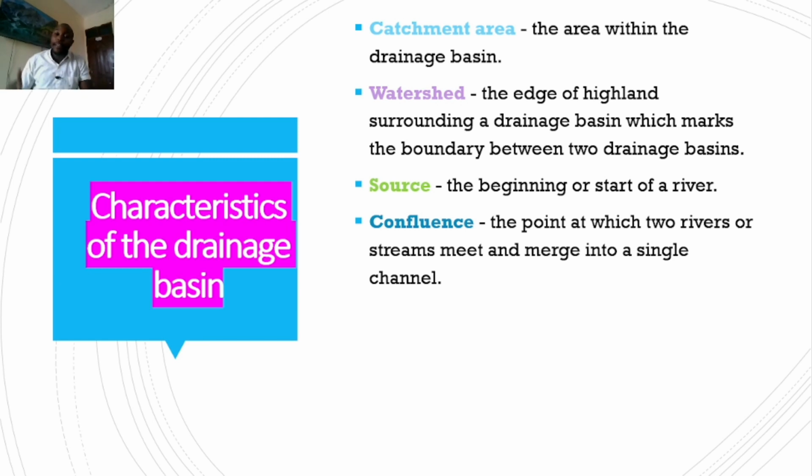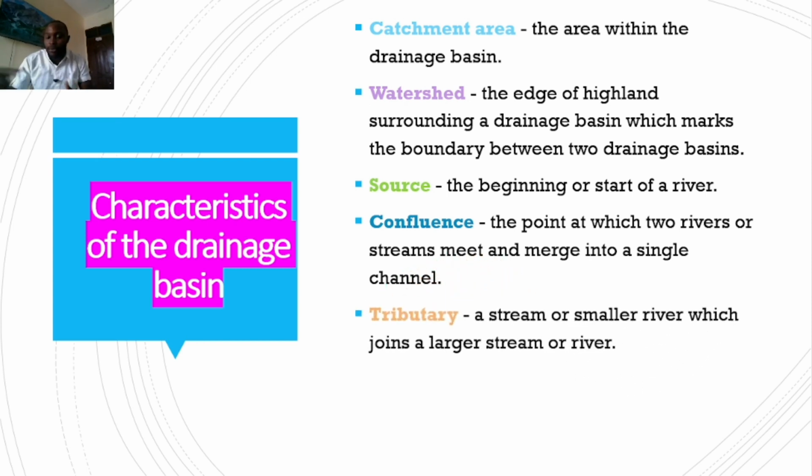Now they join the main channel, which is then going to drain water to another water body, maybe a lake or an ocean. So where it is draining that water is what can be a mouth, but I'm going to talk about that. Then a tributary is just a stream or a small river which joins a larger stream or river.